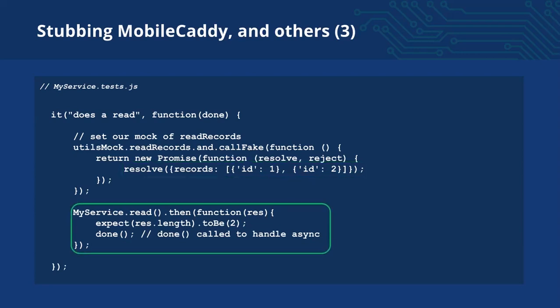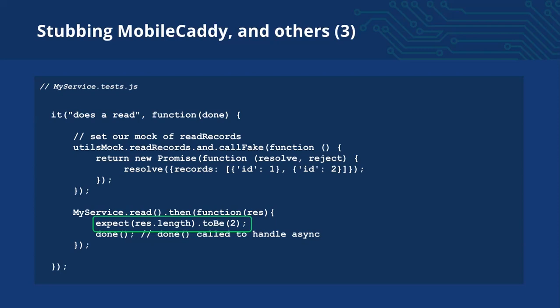The next chunk of my code is actually really what I'm calling my service. So I'm doing a myService.read, and in the then block I'm getting my result back. And what I want to do here is to make sure that that result is what it should be based upon the mock response that I'm sending back. See here I'm saying, well, I'm expecting a result object, and it should be an array and have length of 2.